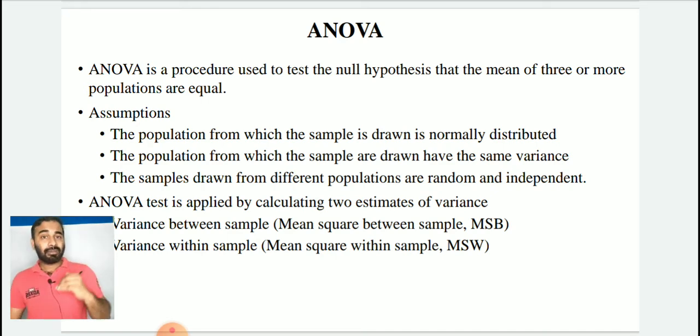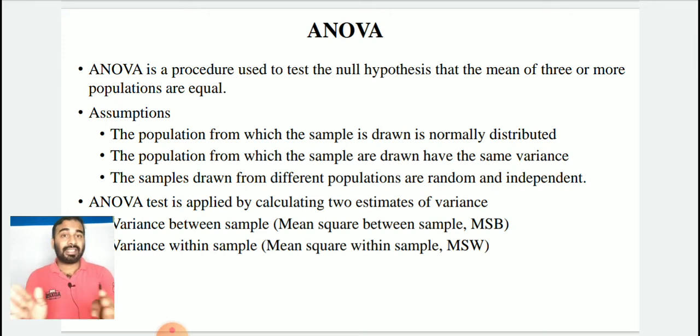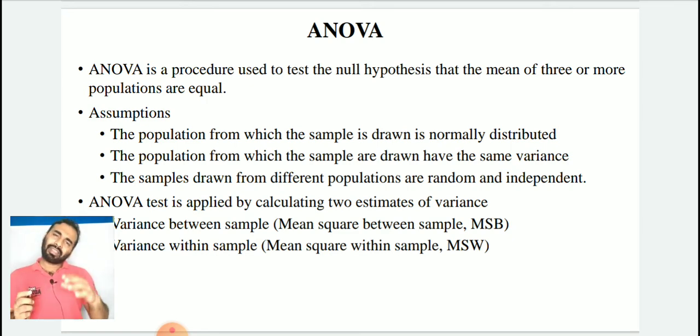But if we have more than two groups, several groups, and we want to find out whether there is a difference in the mean value among all such groups, we have to go for the ANOVA test. When we use the F-test for such things, it is known as analysis of variance.